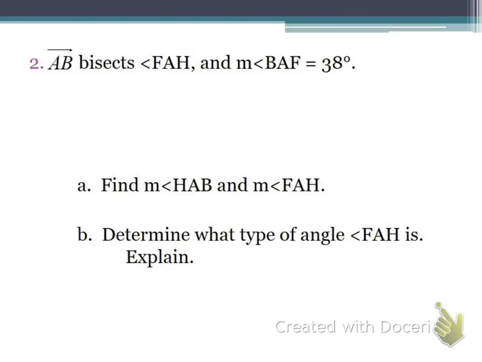So for this problem, we're going to make our own diagram. If we are told that ray AB bisects angle FAH, I know I need to make some angle FAH, and I know that I need ray AB to bisect it.